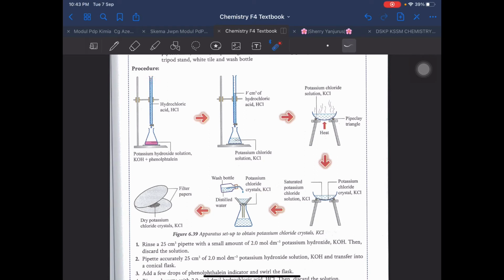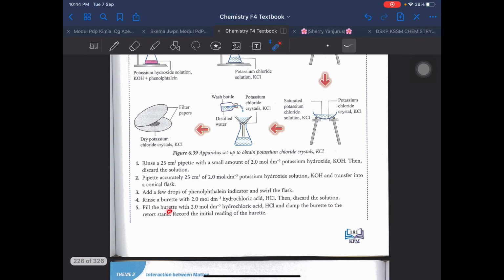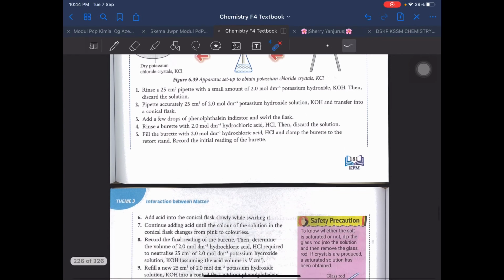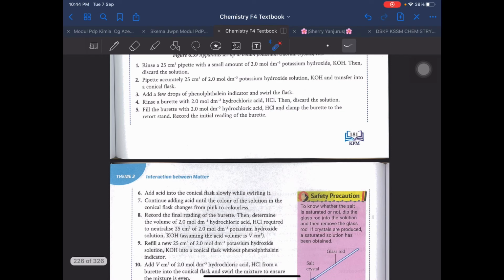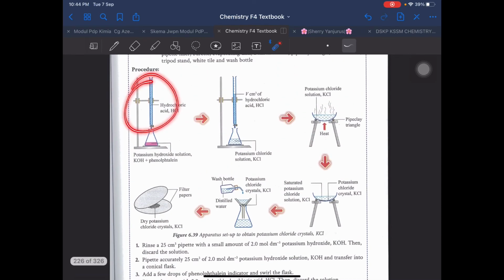Some people bila dia buka tutup this one and then turun dia punya isi padu. So what you do, don't worry, okay? If you cannot get 50 ngam-ngam, it's okay. Fill the burette and then record the initial reading of the burette. Kalau you have 47 cubic centimeter lah, it's okay. Does not need to be 50, okay? Walaupun the burette tu isi dia memang 50 lah.